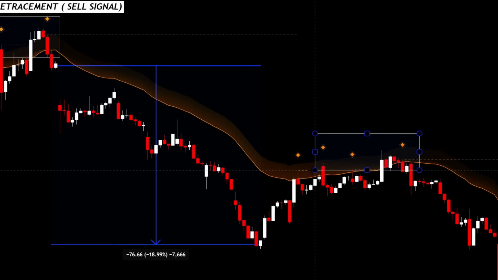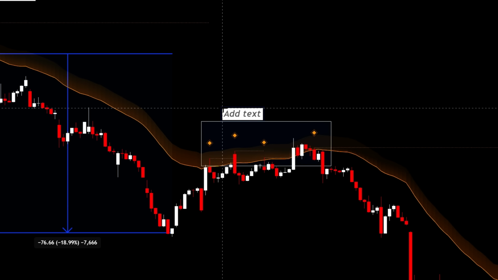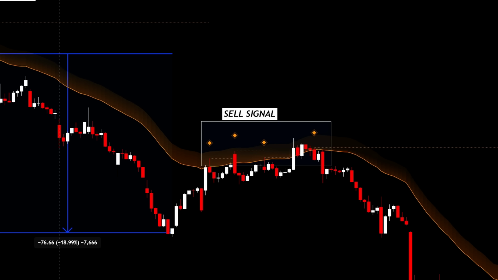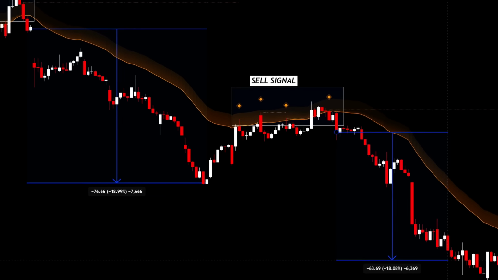Later, after that trade closes, price retraces again into the red cloud. And guess what? Another pullback signal appears, another valid sell opportunity, following the exact same logic. This is where the consistency starts to form. You're not guessing, you're letting a structure align again and again.